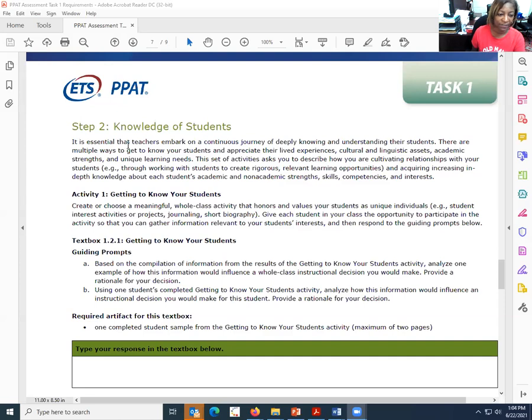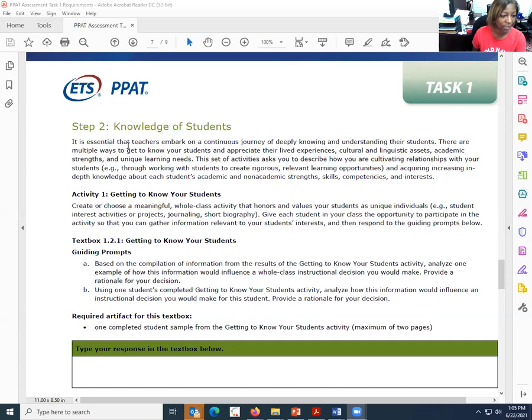This set of activities asks you to describe how you are cultivating relationships with your students. For example, through working with students to create rigorous, relevant learning opportunities, and acquiring increasing in-depth knowledge about each student's academic and non-academic strengths, skills, competencies, and interests.